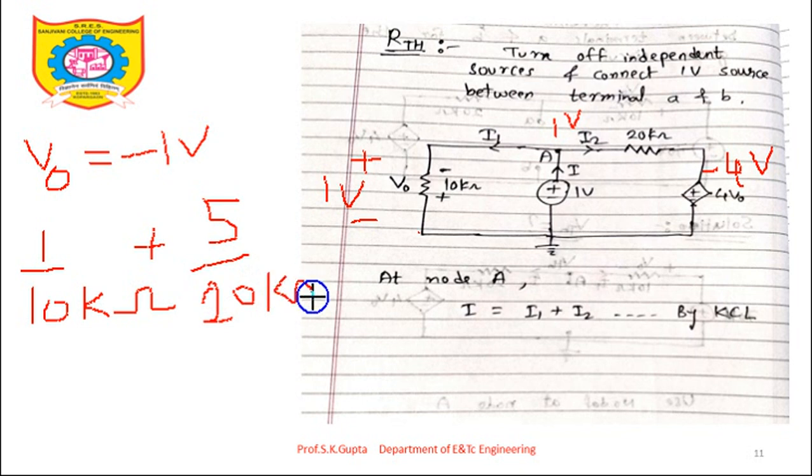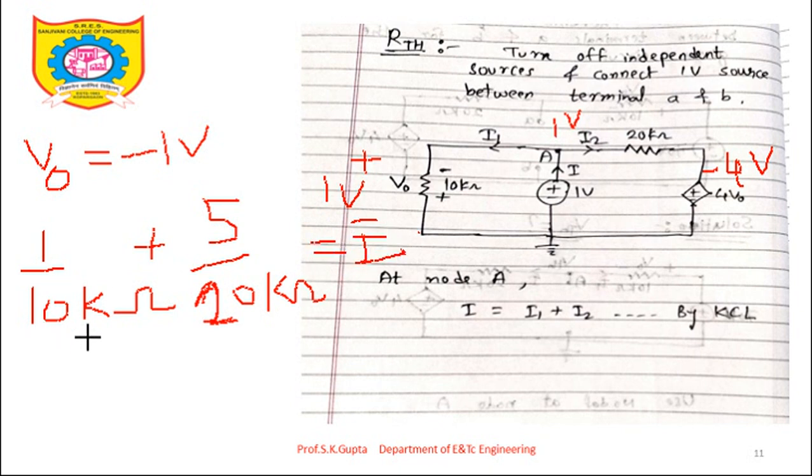Please see here that plus 4 volt, so 1 plus 4 divided by resistance 20 kilo ohm. Okay, next this I is the incoming current, so it becomes equal to I.